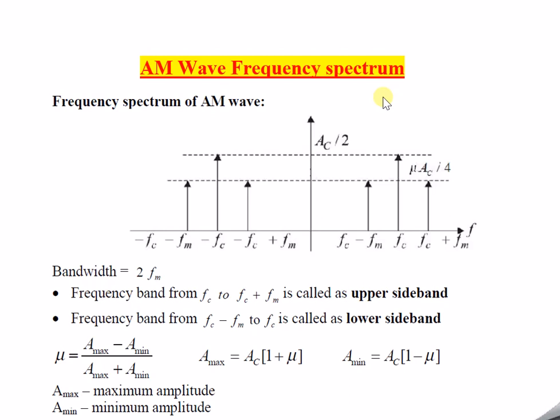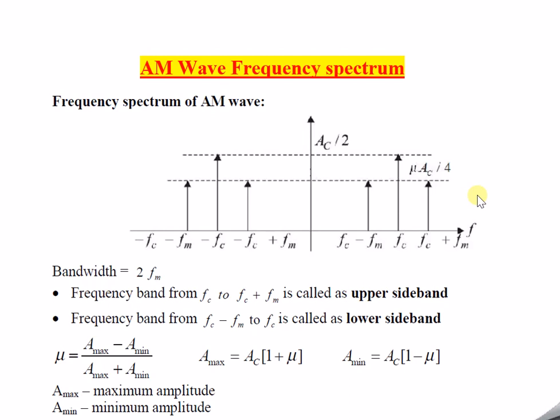is nothing but a description or the pictorial representation of various frequencies that a signal can contain. Okay, I will repeat it. So frequency spectrum is nothing but a representation of various frequencies that a signal can contain.